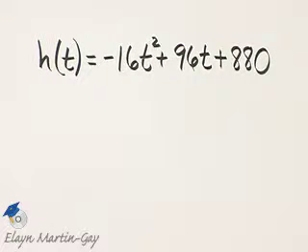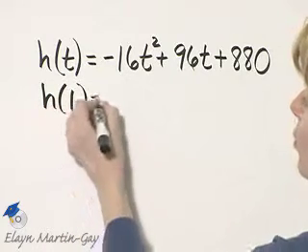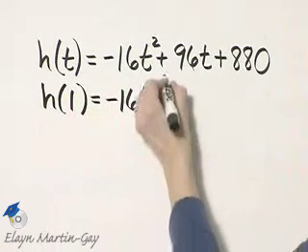Make sure you understand the meaning of this given function. Neglecting air resistance, h of t is the height of the pebble after t seconds. So if we want to find the height of the pebble when t is 1, we basically want to find h of 1, and everywhere there's t, we put 1.